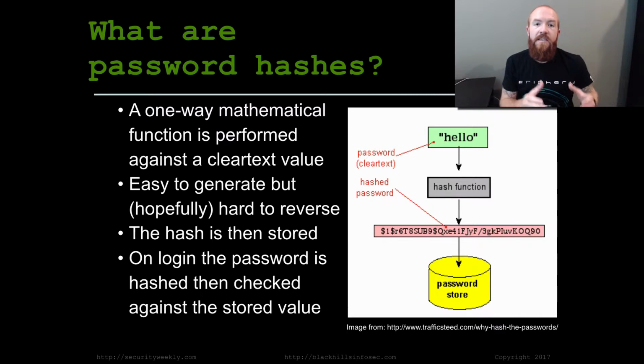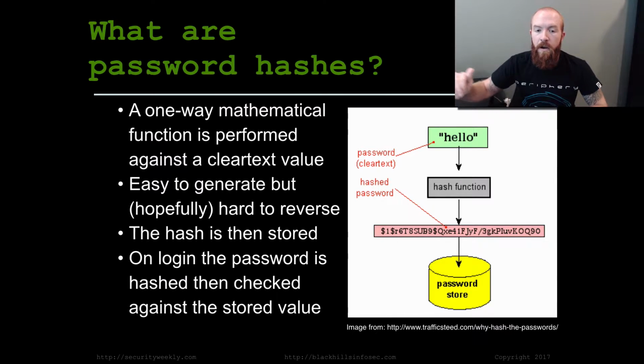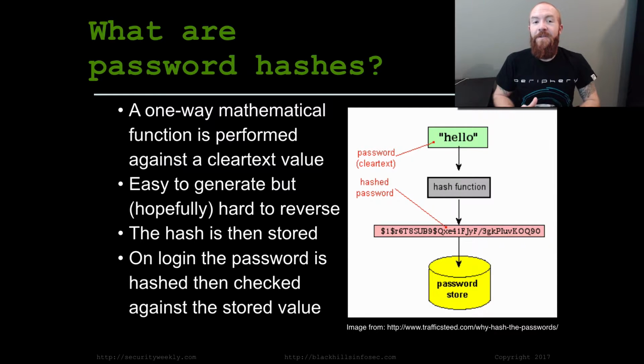They're typically very easy to generate, so that when you type your password in, it's able to generate that hash on the fly really fast and compare it to a value that was already stored. So in good scenarios, the hashes are what's stored on the back end and not your clear text password. Whenever you type in your password to log into your desktop, it's compared to the hashed value, not the clear text. And hopefully hard to reverse.